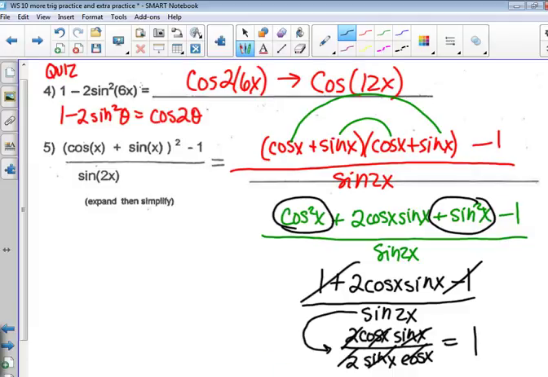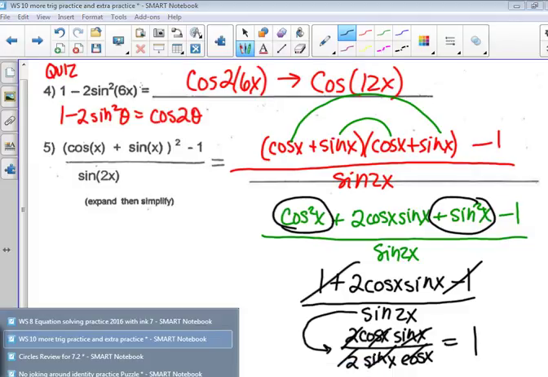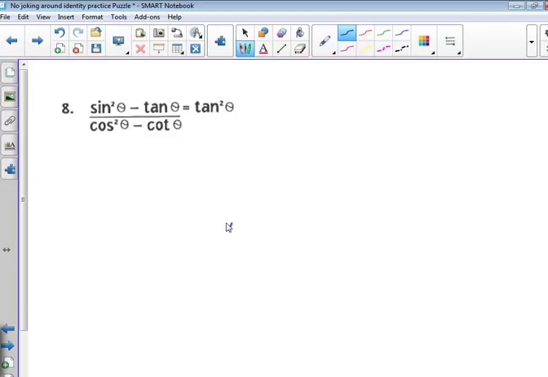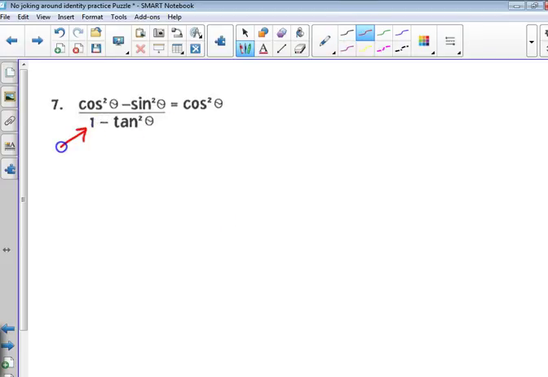9A number 7. Okay. Can I trade something for the denominator down here? What is 1 minus tangent squared? Nothing. It is nothing.